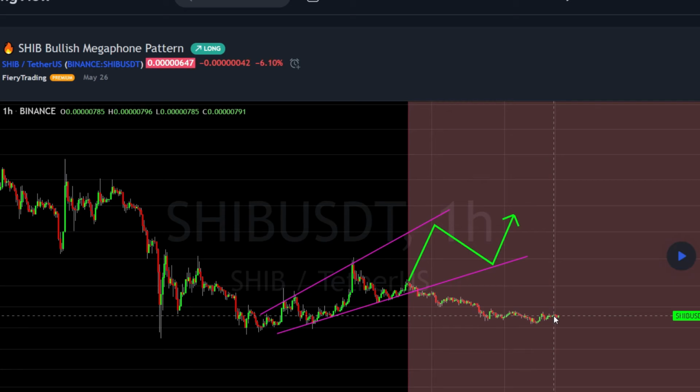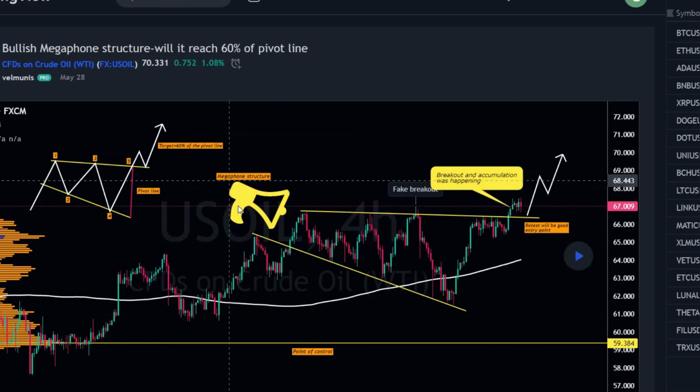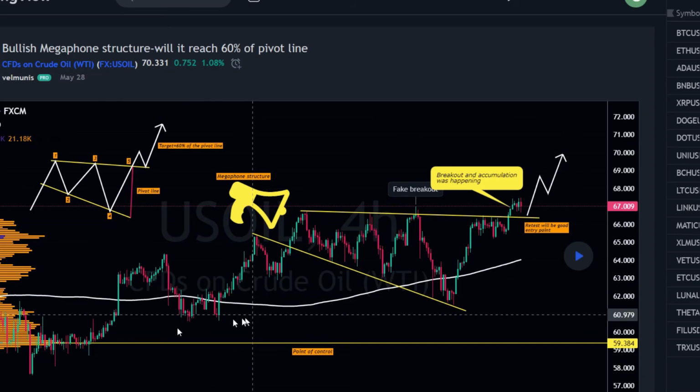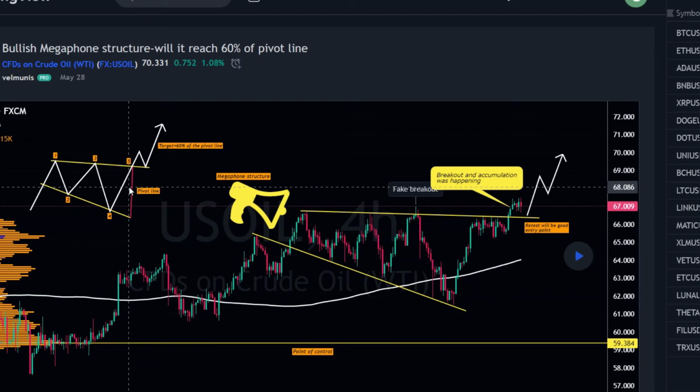All right, so I'm going to show another textbook classic. Okay, so this guy did his homework. It's actually really impressive. He recognized that he was looking at a descending megaphone, and he was looking to play it out by waiting for the confirmation, then the retest, enter, and then shoot up.